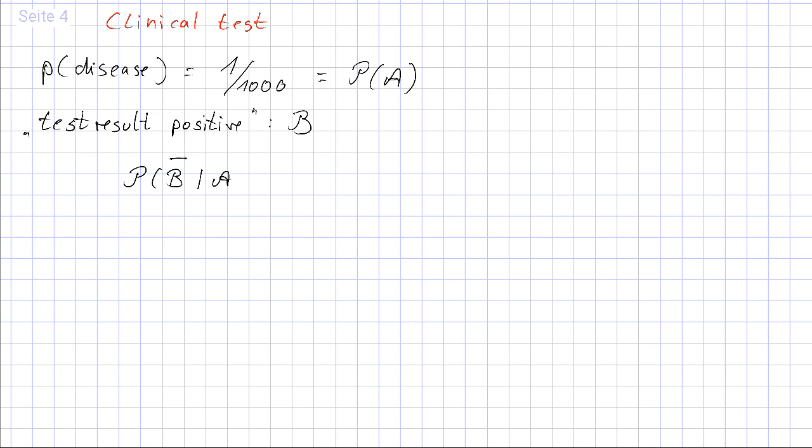B not given A. A means somebody is positive, and B not means the test result is negative. This is 1%.